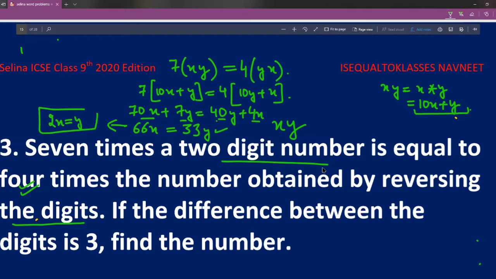Now this information we have got from our equation number 1, the first line.